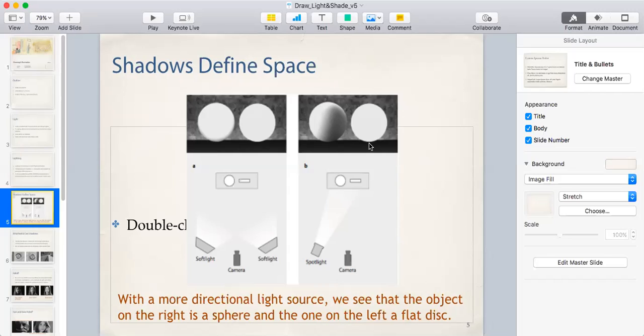For the second picture, this time we have only 1 spotlight pointing to the second sphere. Again, it looks very flat and circular. But this time we create a shadow over the second sphere next to it, which makes it more three-dimensional.